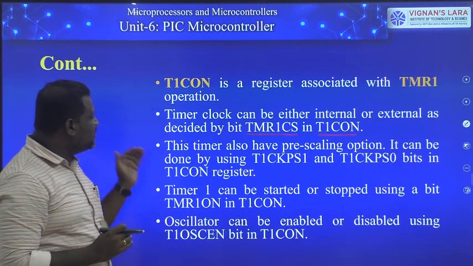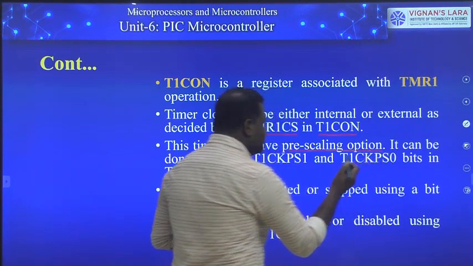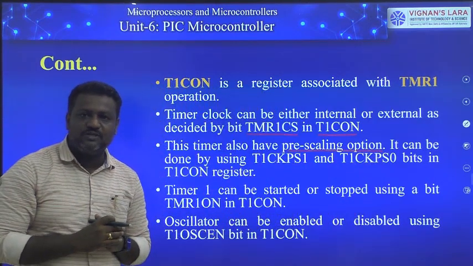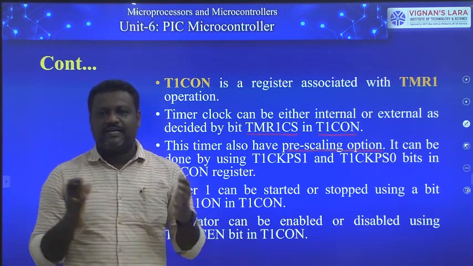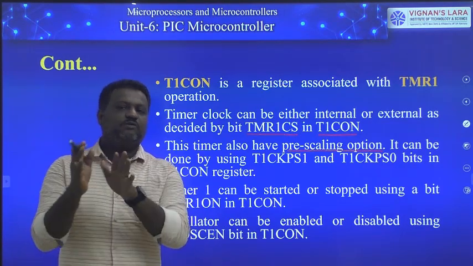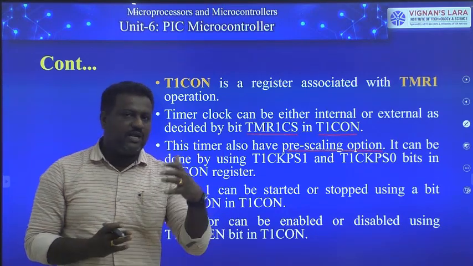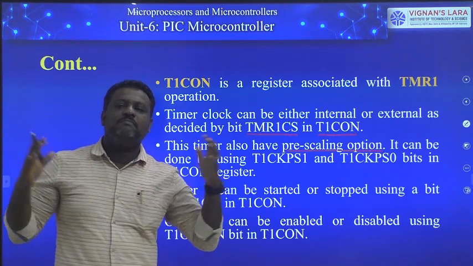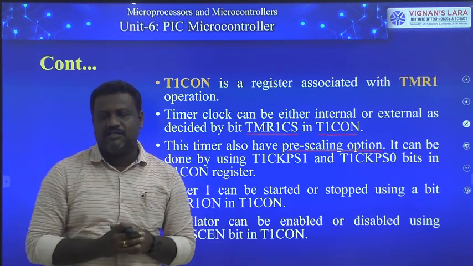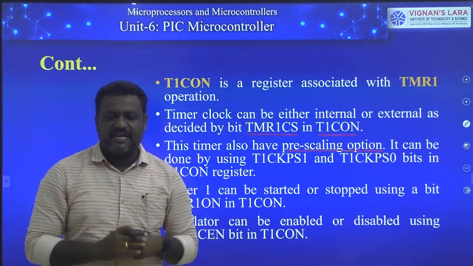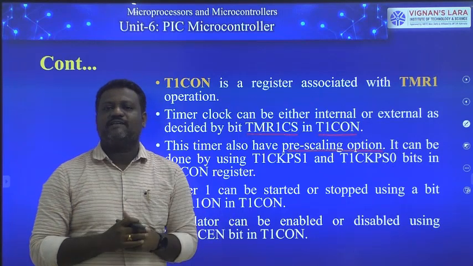And another one is, this timer also has a pre-scaling option, because like in the previous case, the maximum number of clock pulses that can be counted by our timer 1 is 2 power 16. That means 65,536 clock pulses it will count. In order to get a much longer time delay, more than 65,536 clock pulses duration, I definitely take the help of a pre-scaling option, like our timer 0 case.